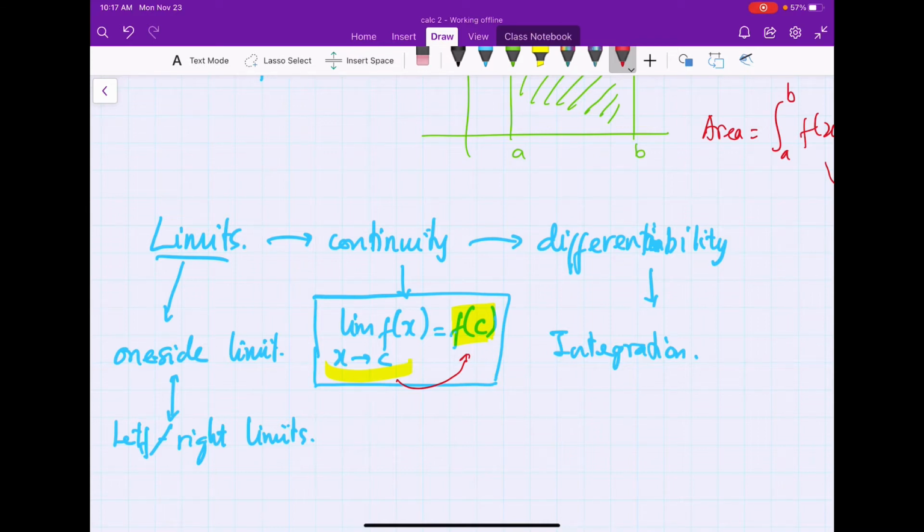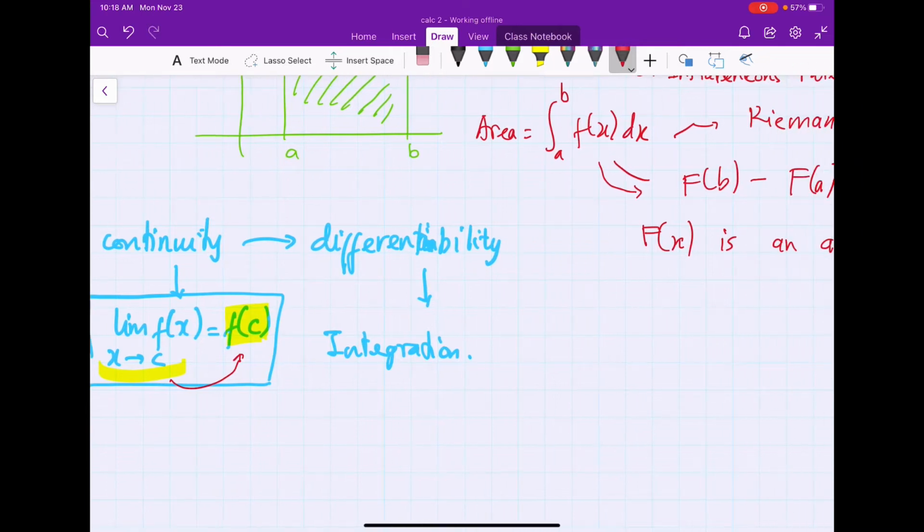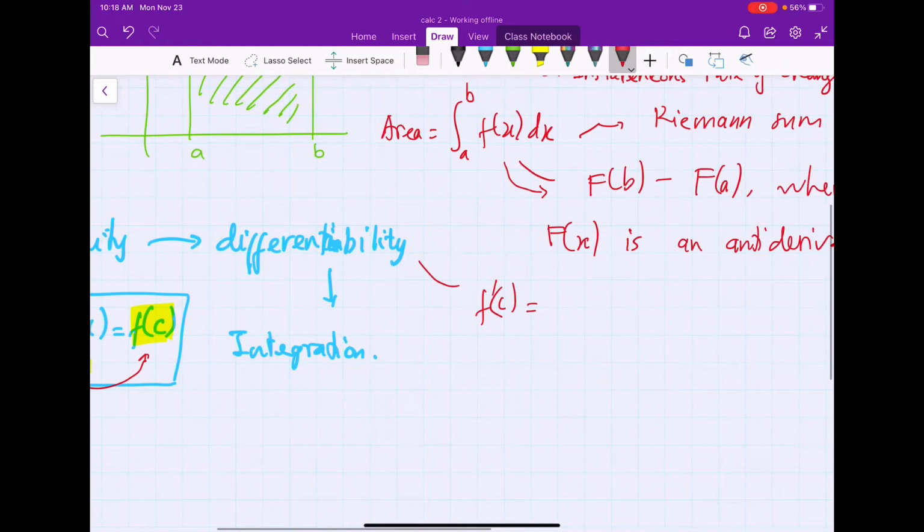After that, we study differentiability. We study the first and second derivative, and we learn different applications of the derivatives. Let me remind you of the definition of the derivative of a function at some point c. That is the limit of f of x minus f of c divided by x minus c when x approaches c.